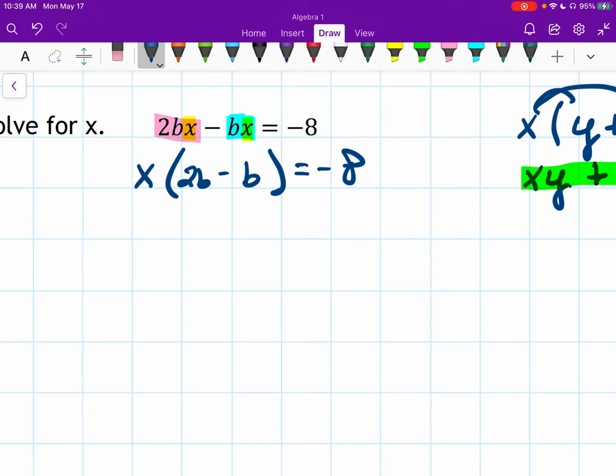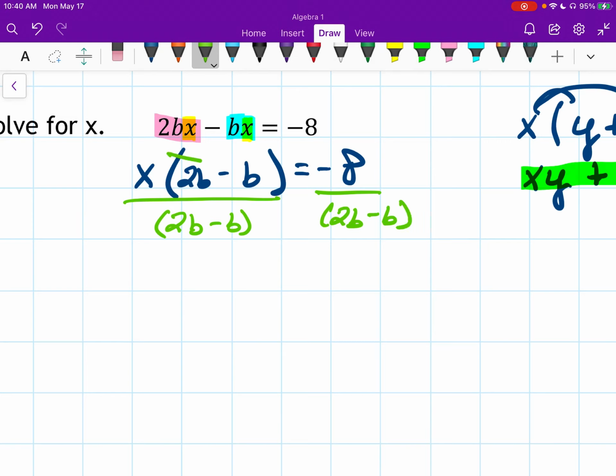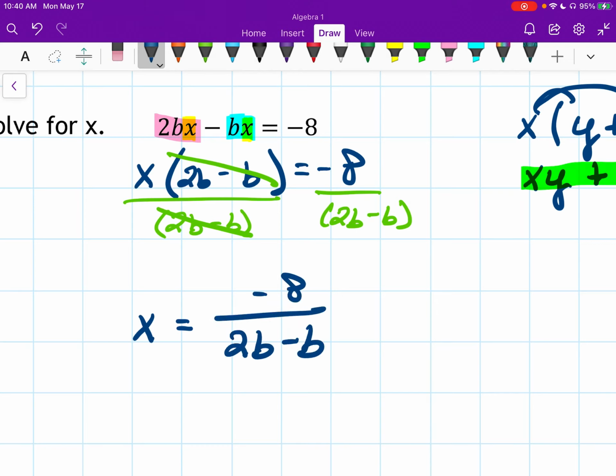Now, if you were to distribute that x out, we would come back to what we had at the top. Now, we have x times something. So what I'm going to do is divide by 2b minus b. This here will cancel, and I'm going to be left with x equals negative 8 over 2b minus b.